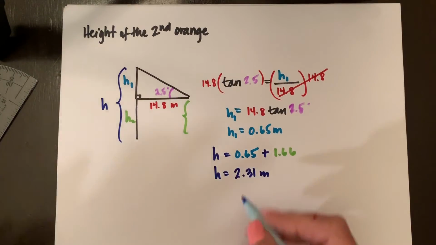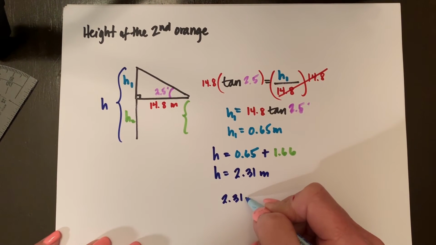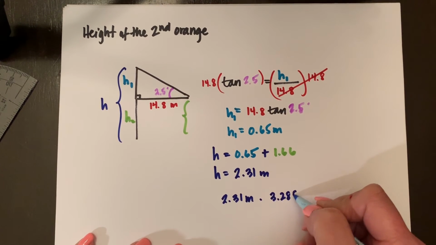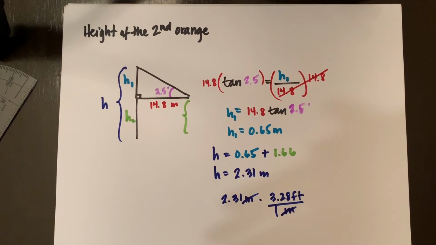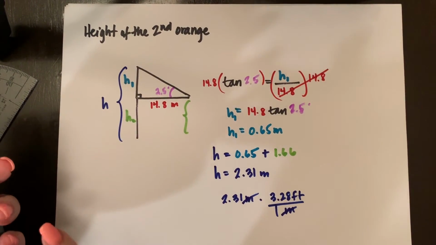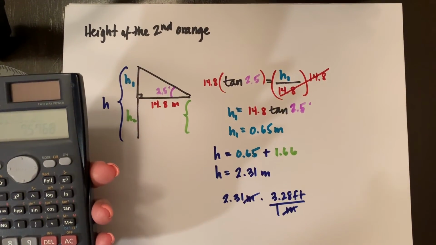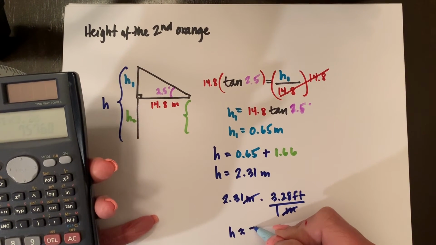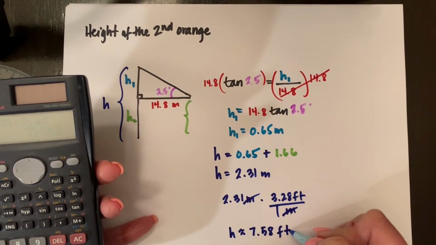And again, using our conversion factor, 2.31 meters times 3.28 feet per meter will allow us to convert to feet, and we get a height of about 7.58 feet.